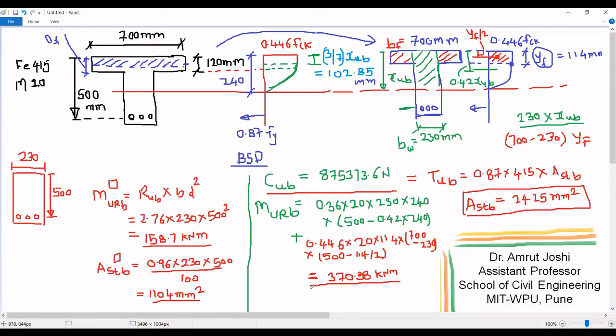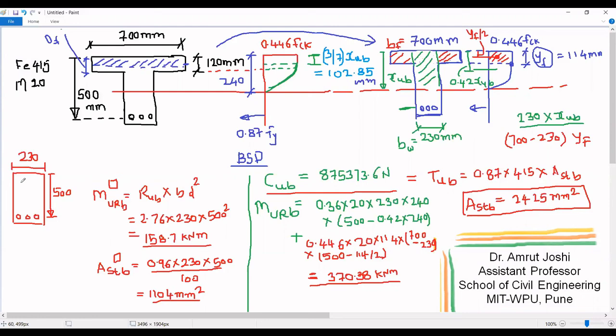It is almost 2.5 folds than moment of resistance for rectangular section. Similarly, if it is considered as flange section, then we can provide almost double the area of balanced steel in comparison with the rectangular section.